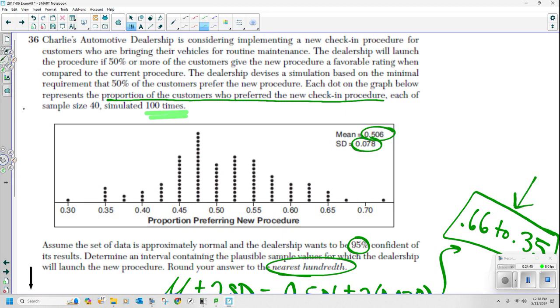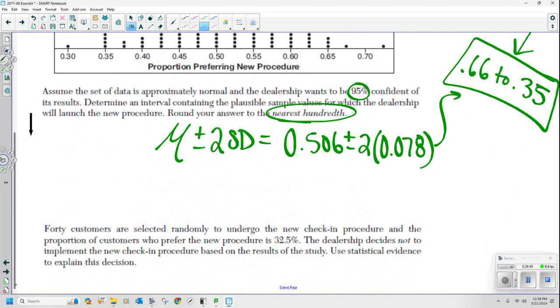Okay, those are the people that want it. 40 customers are selected randomly to undergo the new check-in procedure. And the proportion of customers who prefer the procedure is 32.5%. The dealership decides not to implement the new check-in procedure based on the results of the study. Use statistical evidence to explain this decision.